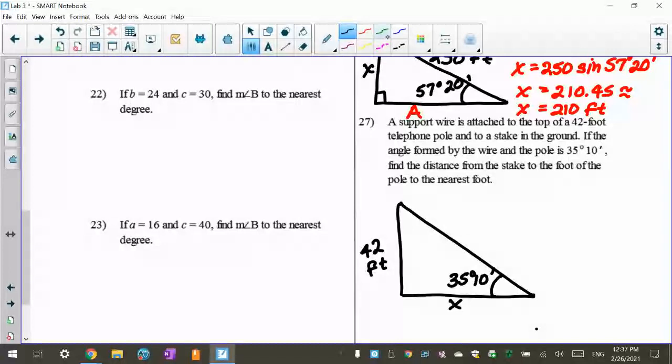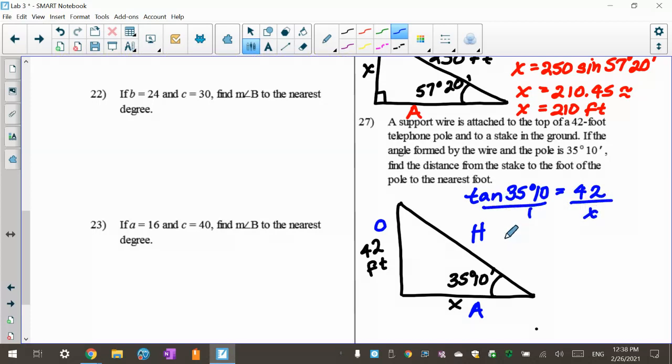All right. So I'm going to label it HOA. So H, O, A. I see I have stuff by the O and the A. So this is going to be the tangent. So the tangent of 35 degrees, 10 minutes is opposite over adjacent. And here you're going to cross multiply and say, okay, x times the tangent of 35 degrees and 10 minutes is going to equal 42.